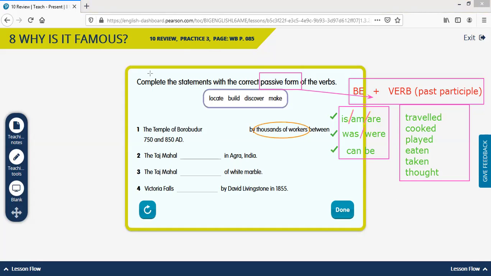So if you want to talk about a sentence in active voice, if you want to understand who built the temple of Borobudur, you're going to say thousands of workers built the temple of Borobudur.